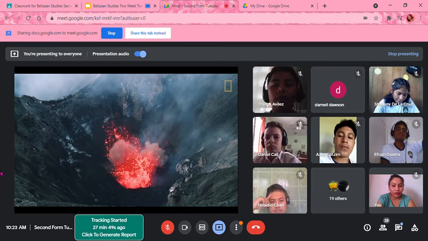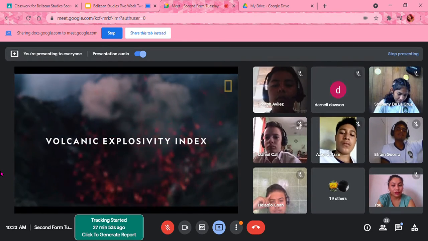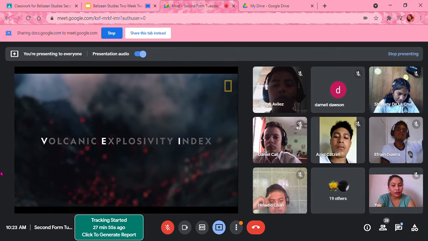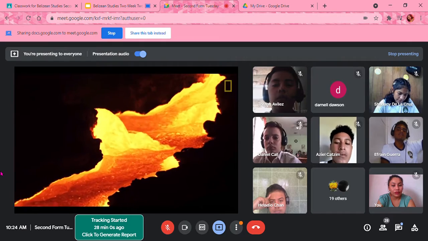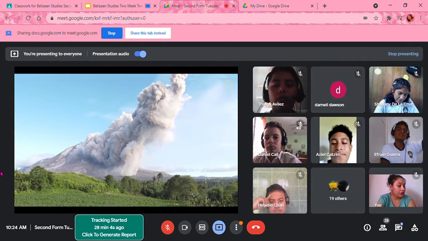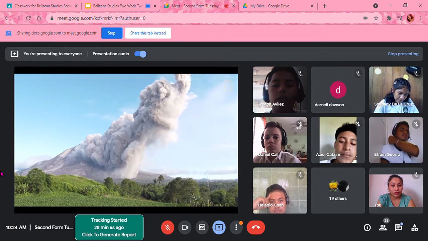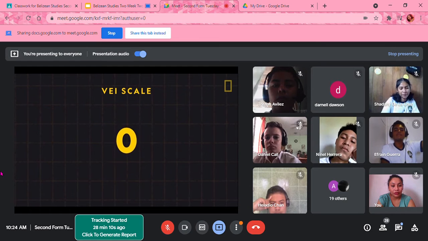To measure and classify eruptions, scientists developed the Volcanic Explosivity Index, or VEI. It considers various factors, such as the volume of lava, gas, and other emissions from the volcano, along with the height of the eruption cloud above the volcano's summit. The VEI scale begins at 0.